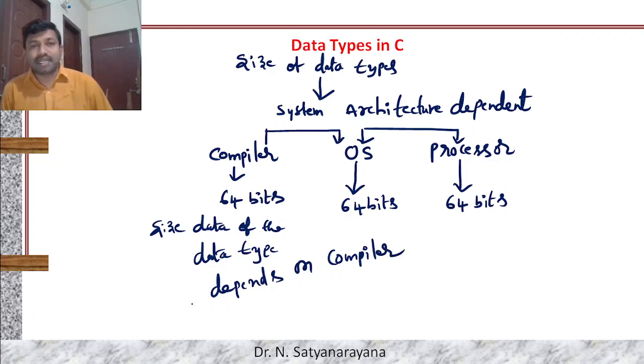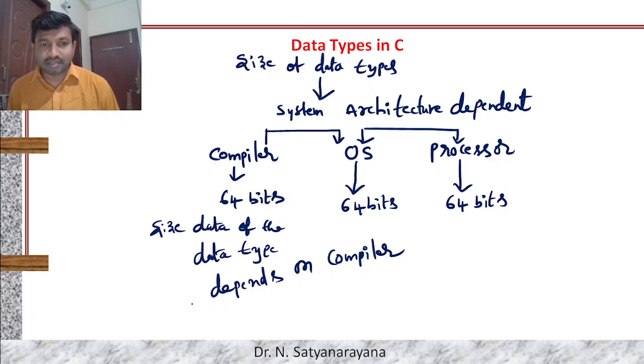What type of compiler you are using is most important for allocating memory for the data type. Whenever you write a C program, there is a way to know how much memory is allocated for a data type, because it is machine dependent.